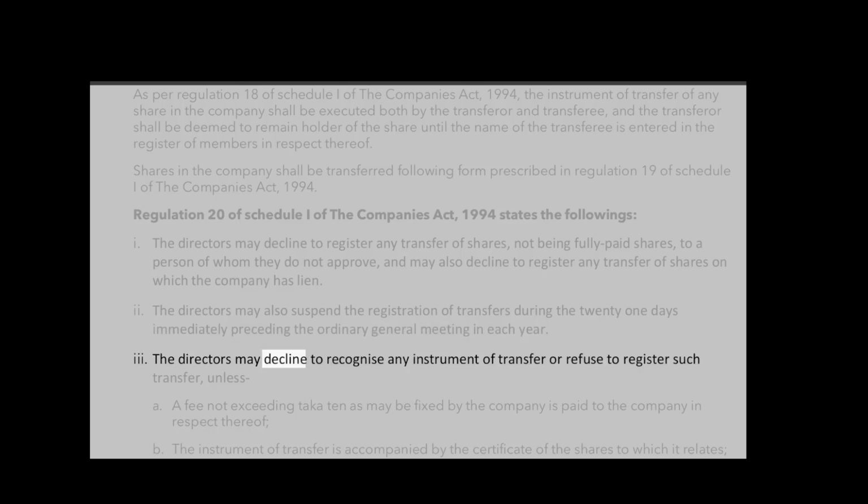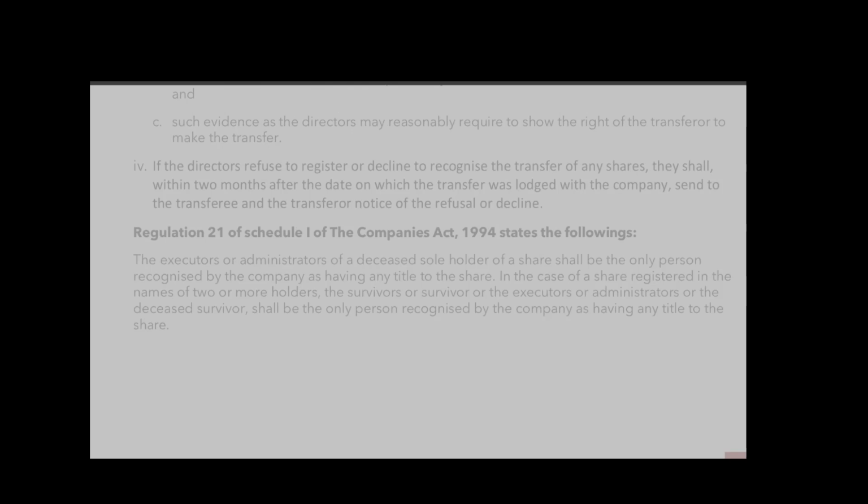The directors may decline to recognize any instrument of transfer or refuse to register such transfer unless (a) a fee not exceeding Taka 10 as may be fixed by the company is paid to the company in respect thereof, (b) the instrument of transfer is accompanied by the certificate of the shares to which it relates, and (c) such evidence as the directors may reasonably require to show the right of the transferor to make the transfer. 4.